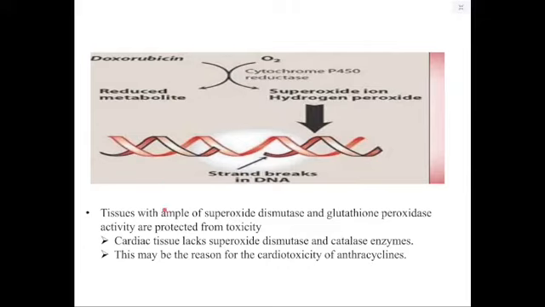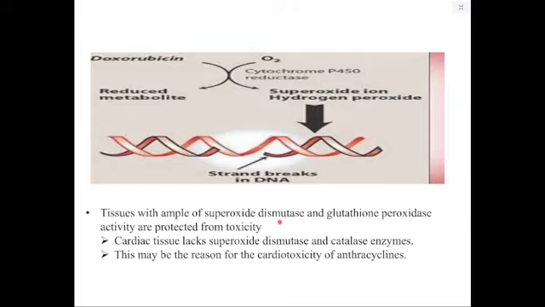Then you find that tissues with ample superoxide dismutase or glutathione peroxidase activity have lower cardiac toxicity, because superoxide dismutase and glutathione peroxidase are able to reduce the concentration of the superoxide ion. Once they reduce the concentration of the superoxide ion, there is reduced cardiotoxicity.